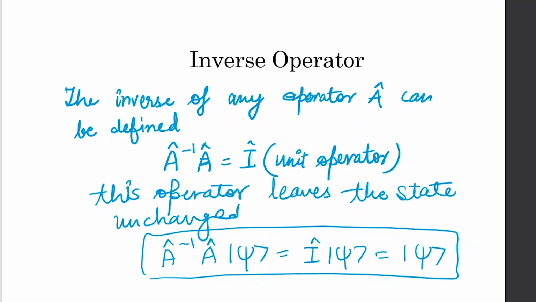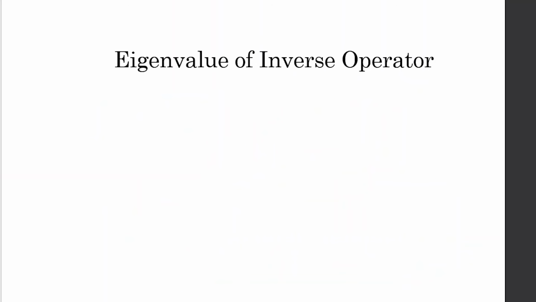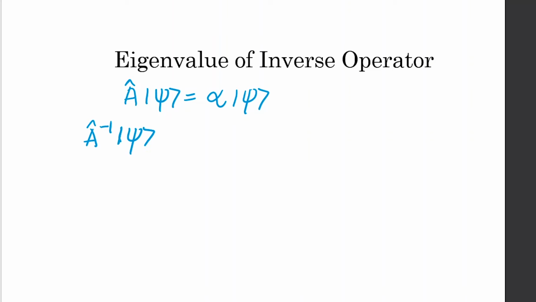Now moving to our next topic. How do we find the eigenvalue of an inverse operator? If we have any operator A, an eigenvector psi, and alpha as the eigenvalue of operator A, then we will calculate the eigenvalue of its inverse operator. How do we find that?